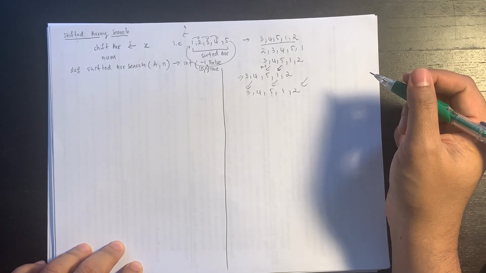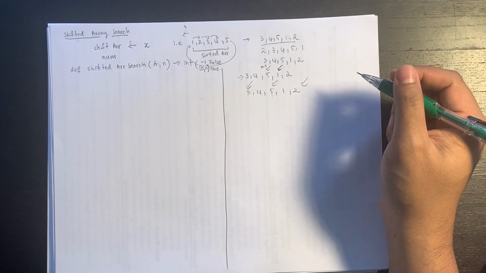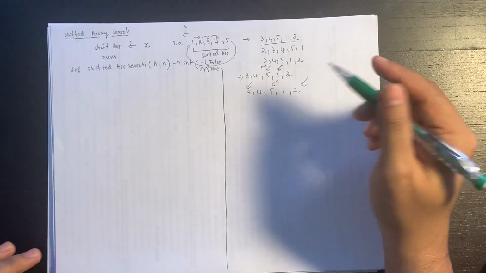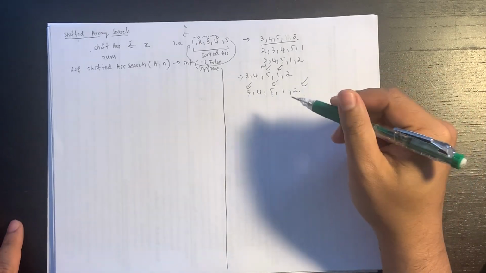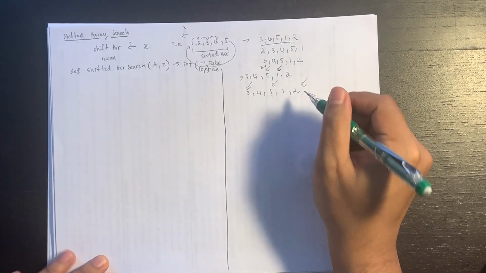So I guess we can just always look for the smaller side.